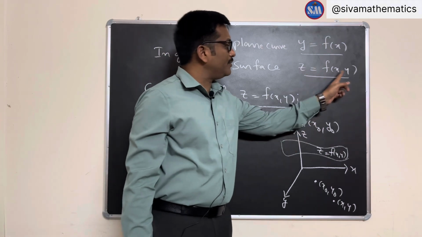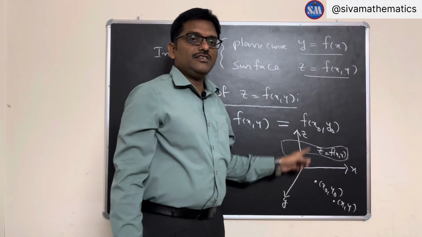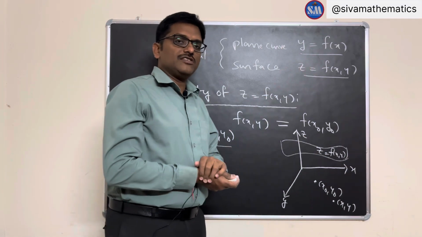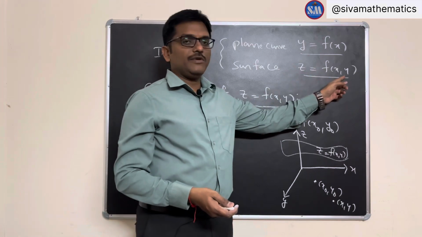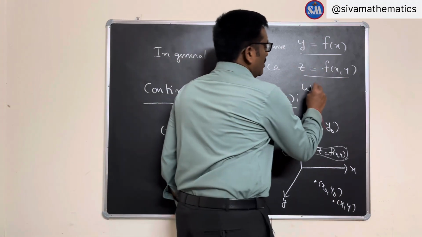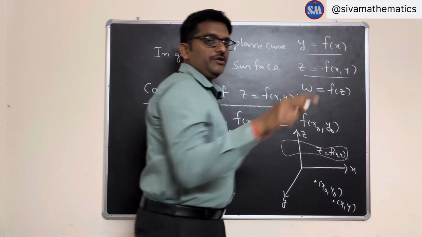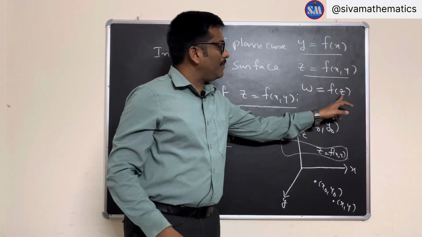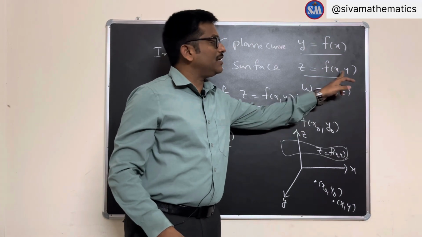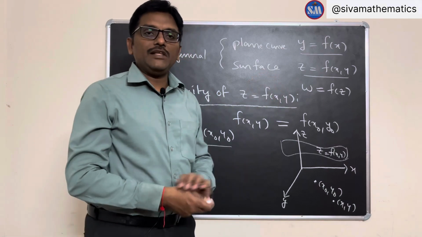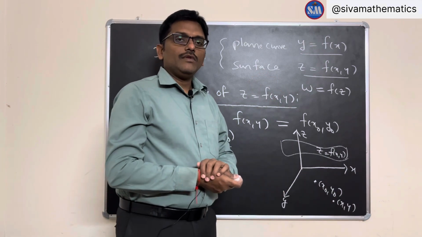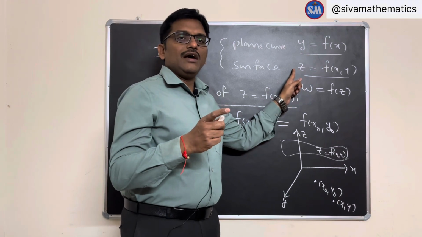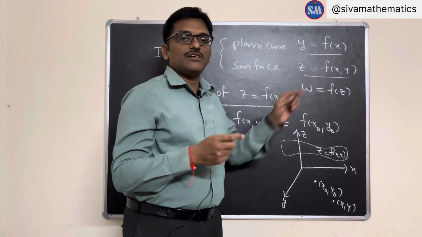For functions of two variables, the domain is the x-y plane and the range is only one axis. The same concept can be extended for complex functions also, because for complex functions, if we consider omega equal to f of z, which we are going to discuss in the next video, the limit is going to be the same, because the domain of a complex function is the z plane, just as the domain of functions of two variables is the x-y plane. Here the range is only one axis, and we get real values as the range for functions of two variables.